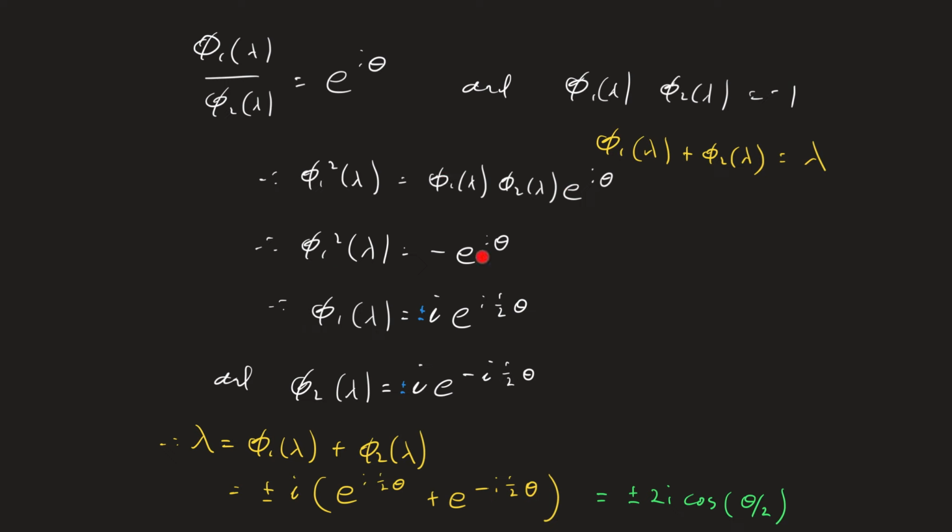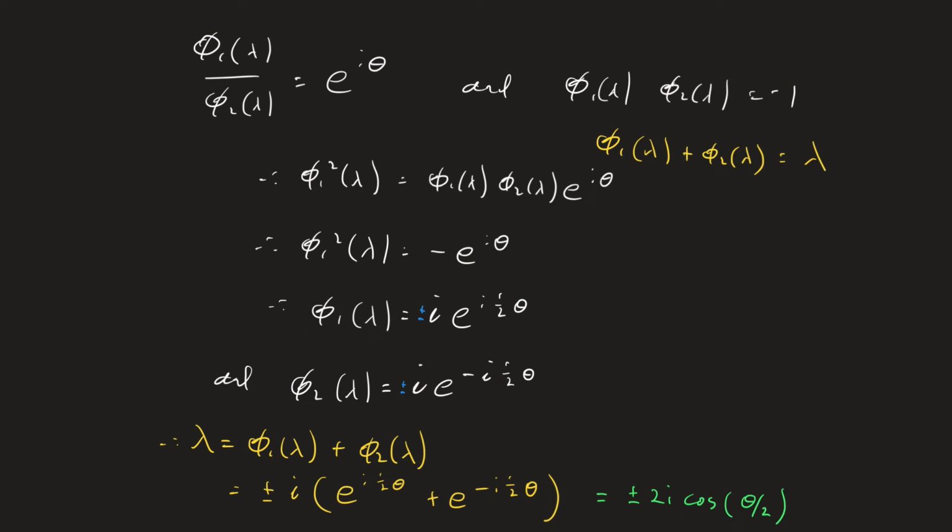We then take square roots. The square root of negative 1 is I. The square root of e to the I theta is just e to the I a half theta, because the square root is raising something to the power of 1/2. And then if something squared is equal to something, there are always two solutions, plus or minus the square root of the right-hand side.